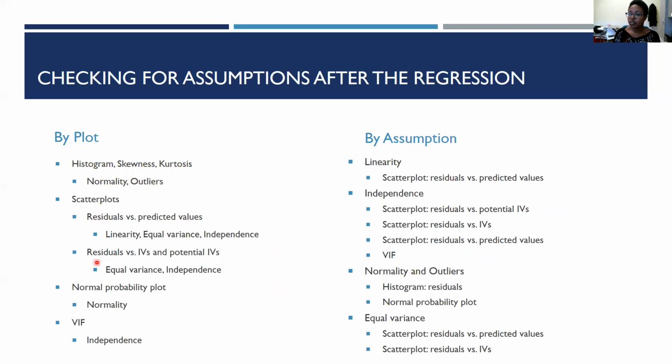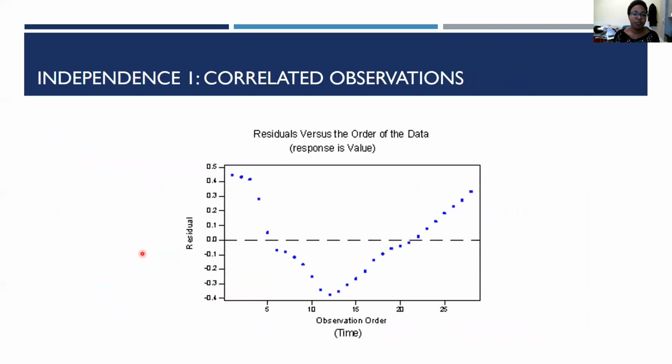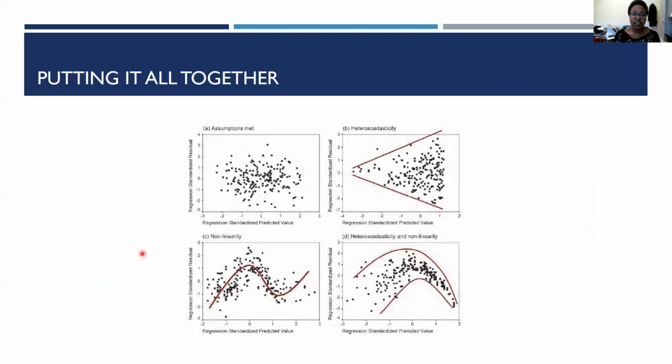And when you're running these multiple residual versus predicted value plots, you can check for a lot of things at one time. So in class, we're going to practice going over this. I just want to point out that you can look at one plot and really diagnose a whole bunch of issues. So here is an example of some residual plots.